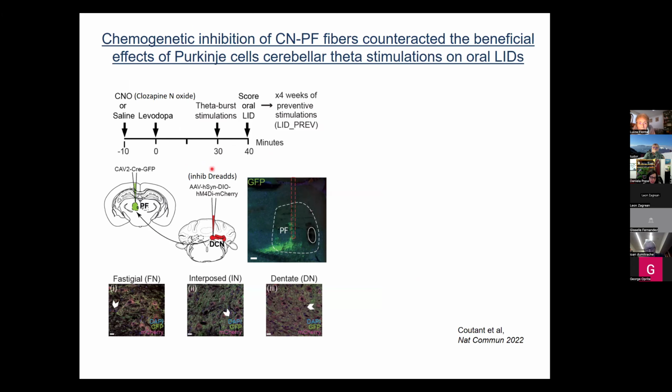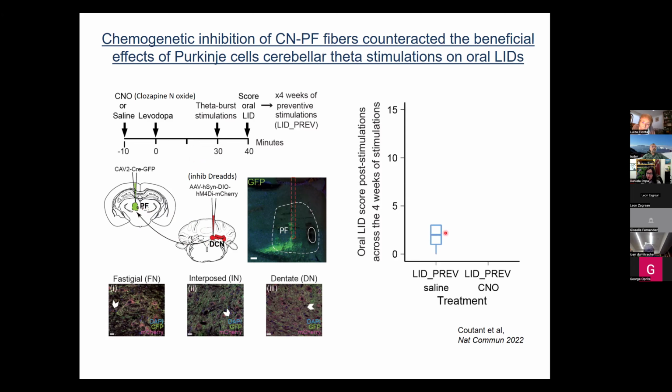These are designer receptors exclusively activated by designer drugs, and with chemogenetics we could specifically inhibit the cells projecting from the cerebellar nuclei to the parafascicular nucleus, while using the theta burst stimulation. As I showed you before, in the preventive group, if we start the levodopa at the same time as cerebellar stimulation of Purkinje cells, we can prevent the appearance of abnormal involuntary movements.